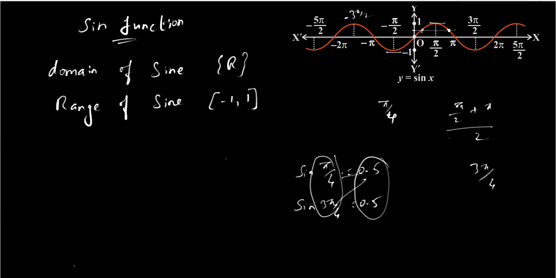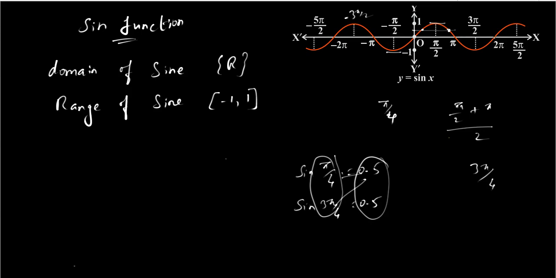Why? Because for two different values in the domain, we are getting the same value. So it is not 1 to 1 and onto, so for the whole range of the sine function, getting the inverse is not possible.